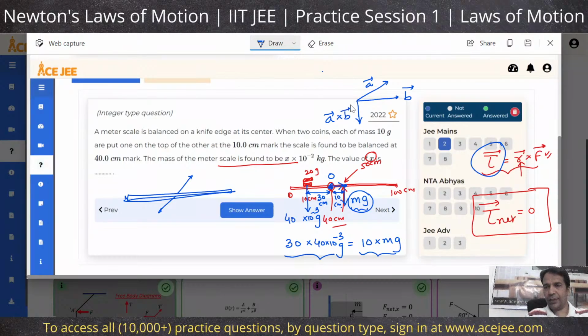And how you do that is, keep your hand along A with the palm facing towards the B vector, and then rotate the fingers from A to B. The direction of the thumb gives you the direction of this vector A cross B. And always rotate about the smaller angle, right? Rotate about this angle if you're going A cross B. If you're going B cross A, rotate like this.